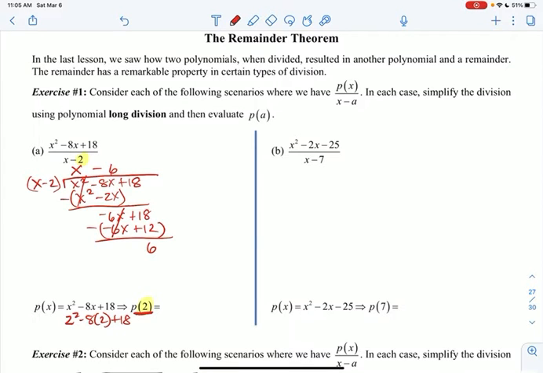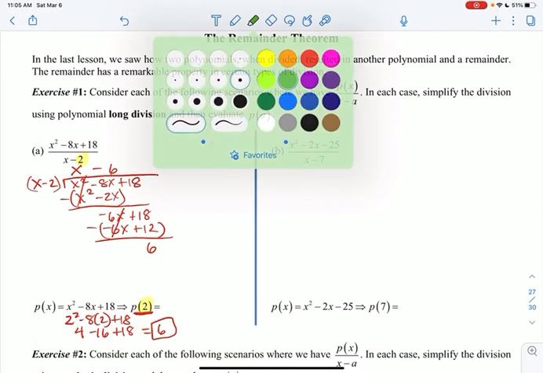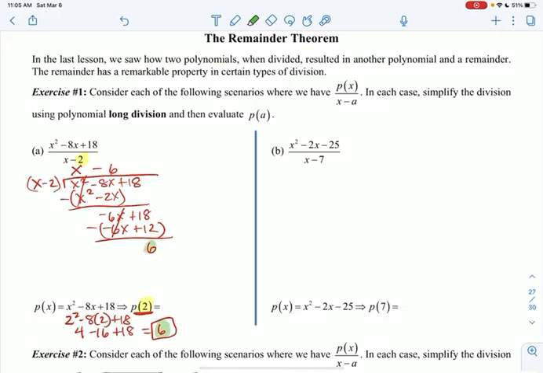So 2 squared is 4 minus 16 plus 18. 4 minus 16 is negative 12. Negative 12 plus 18 is 6. Well, look at that. When I evaluate it, it's the same thing as the remainder. All right, so that's what we're going to see. Let's do it one more time, and then we'll try it with synthetic division as well.